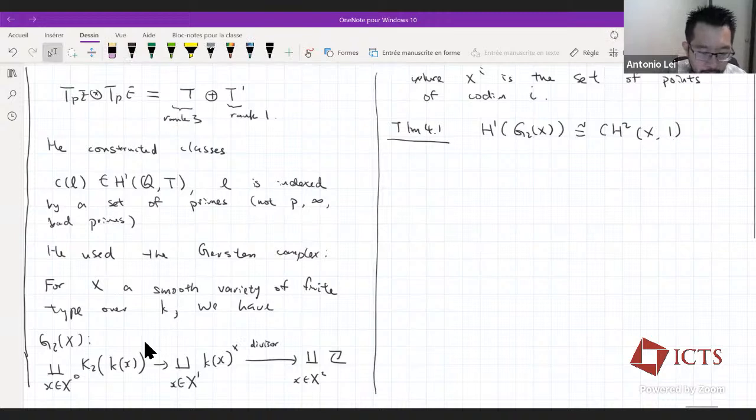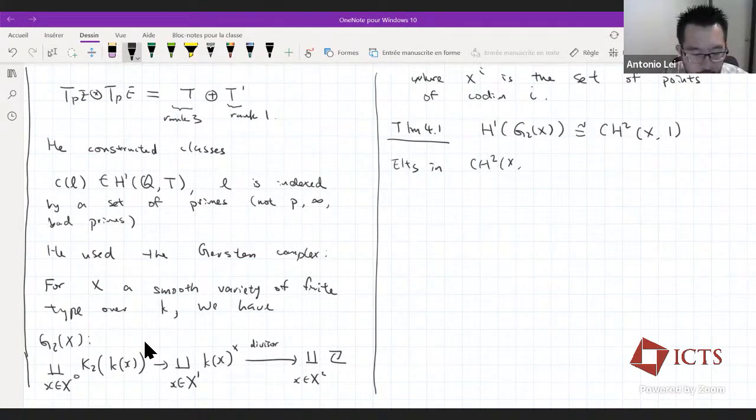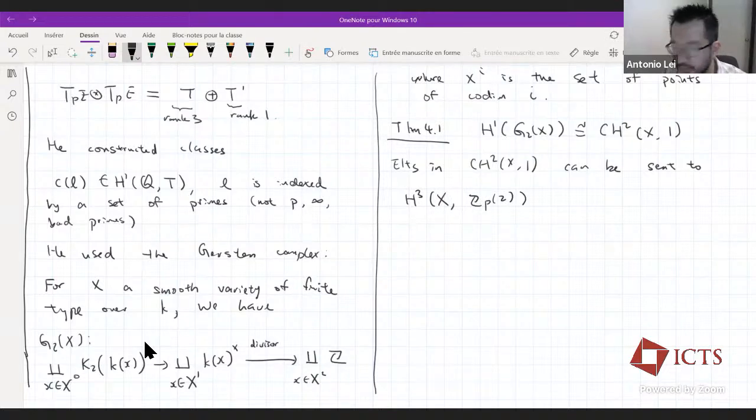And why is it a good thing? It is because elements in this Chow group can be sent to the Hida cohomology of X like this via a certain regulator map, which I won't go into.